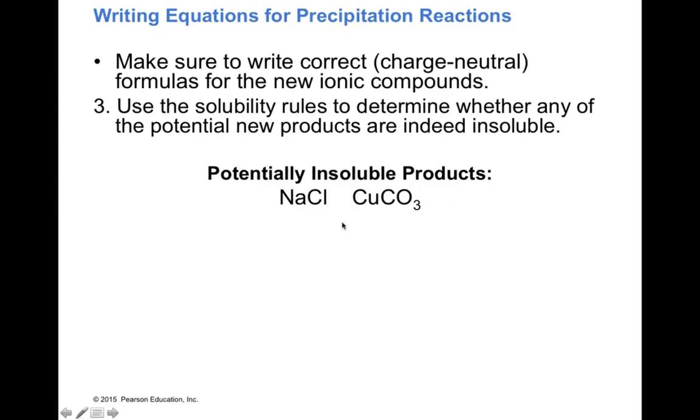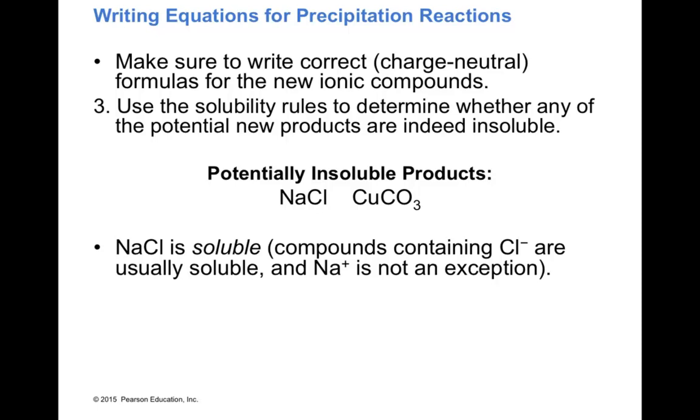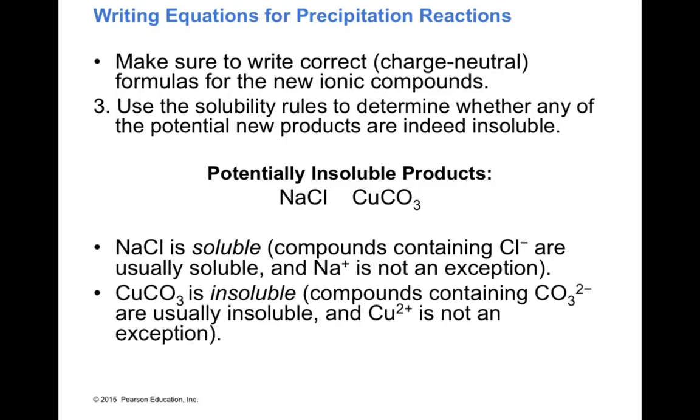So this will be the correct formula for this ionic compound, and this one for the sodium chloride. Sodium chloride is soluble because compounds containing chlorine are usually soluble, and sodium is not an exception. And the copper(II) carbonate isn't soluble, okay, because compounds containing carbonate are usually insoluble, with some exceptions such as sodium and potassium, but copper is not one of those exceptions.